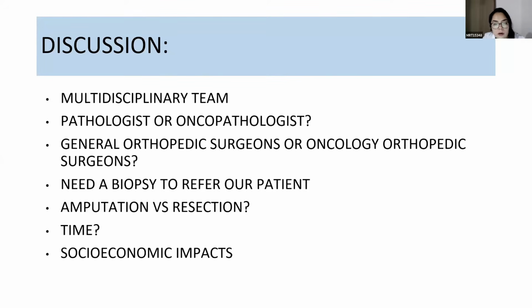Our issue was that we had to do a biopsy so we could refer our patient to another hospital so he could receive his chemotherapy and final treatment. And for us, this was valuable time, and for the patient. This could even change the prognosis.